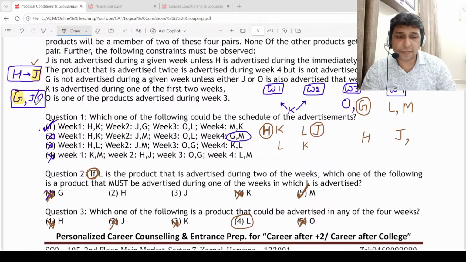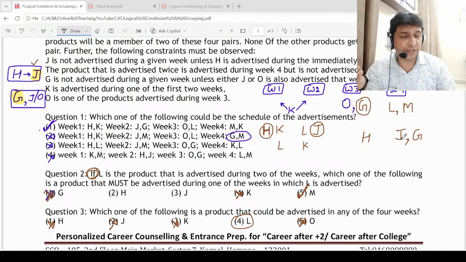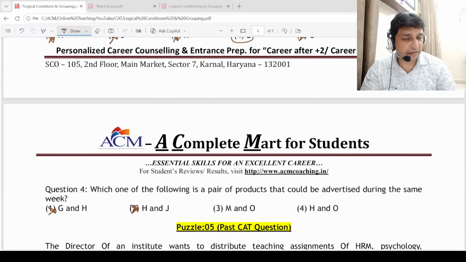Now G has to go with either J or O. For O, we have taken out the option. So if we take G along with it, now either J has to be repeated, for that we need H, or G has to be repeated, then we need J or O, and that is not possible. That means O and H also can't be repeated at the same time. The answer is going to be M and O because M does not have any restriction on it.